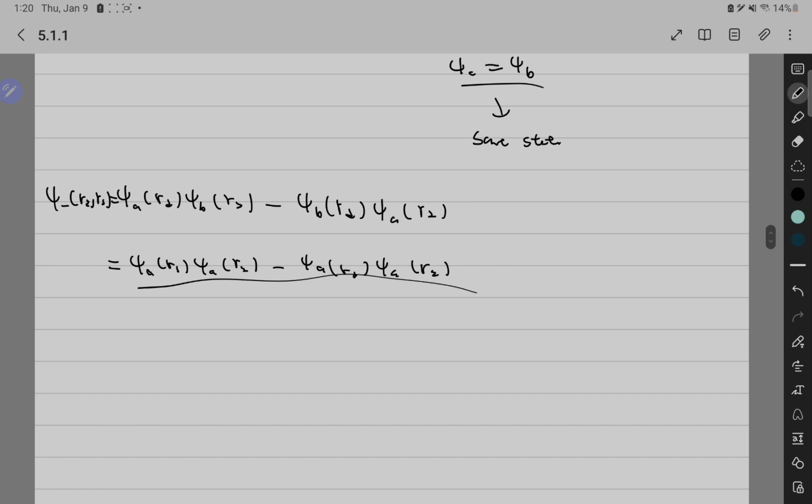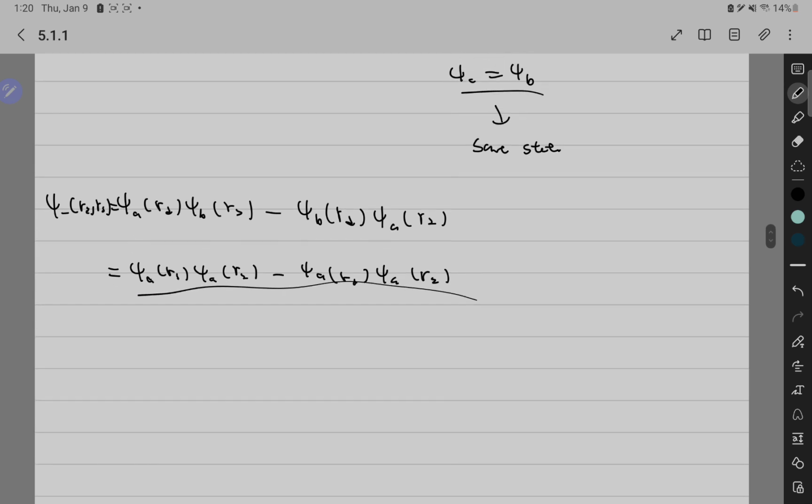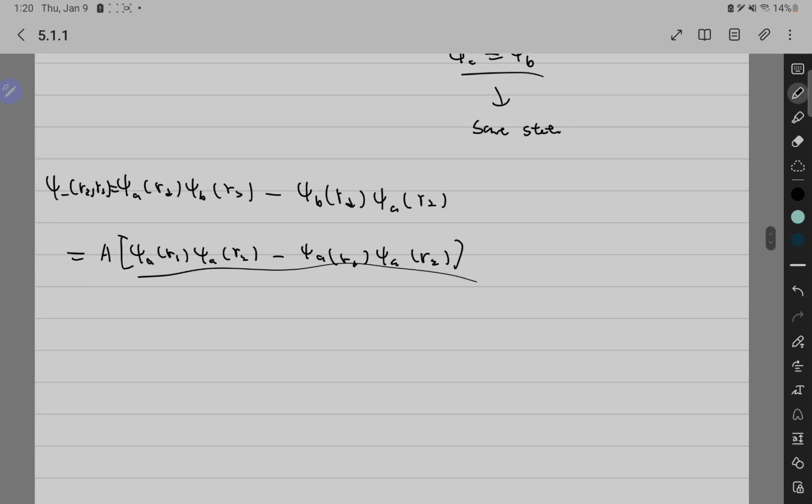So what is this equal to? Oh, one thing I forgot was that there was meant to be a constant A in front of it, but that's not the main point here. What you get from inside is actually 0.